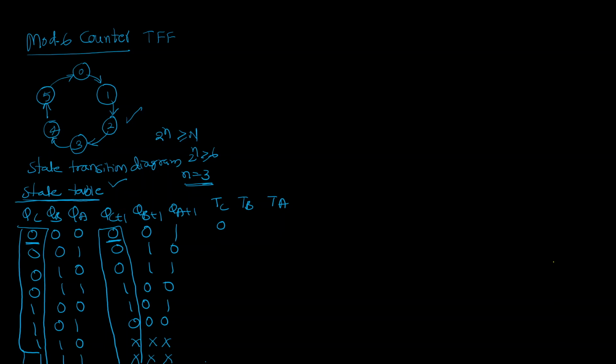The T flip-flop excitation table. How does it look? Q in general, Q and Q plus 1, then T: 0 0 0, 0 1 1, 1 0 1, 1 1 0. Whenever they are the same, the input is 0. When there is a change, the input should be 1.